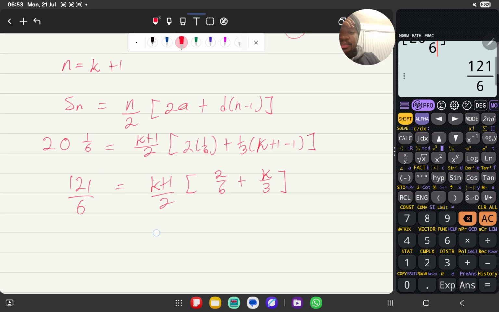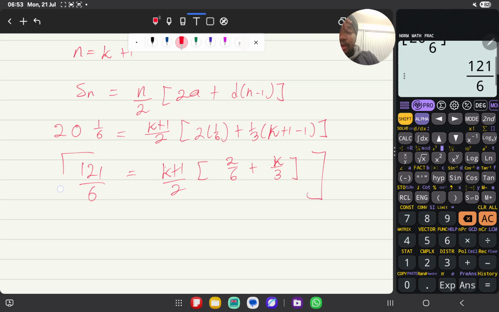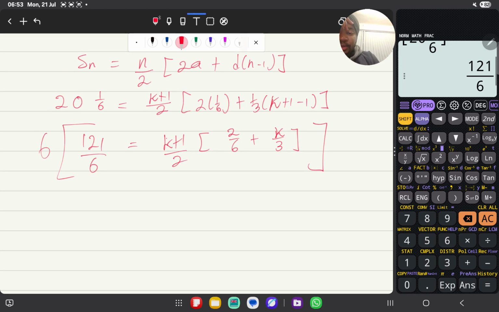Then let me multiply the whole thing by 6. If I do that, 6, 6, 1, 2, 1. And then here I'm going to have 3 into k plus 1. Before I do that, 121 divided by 6, k plus 1.